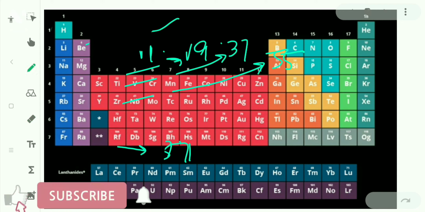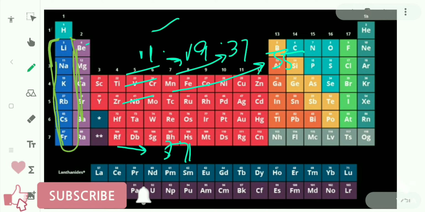When you take this alkali metals group, if you draw the orbit diagram for all these alkali metals, then in every element, in lithium or sodium or potassium or rubidium or cesium or francium, in the outermost orbit you will have only 1 electron.